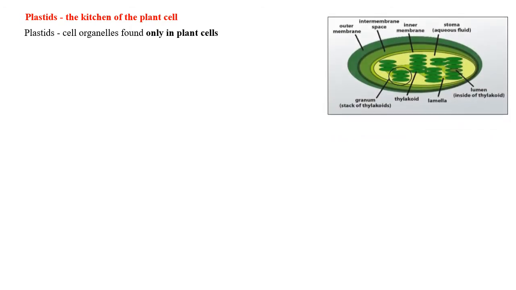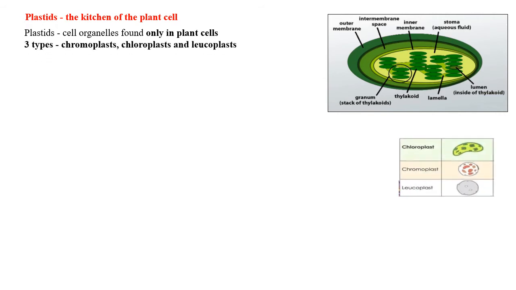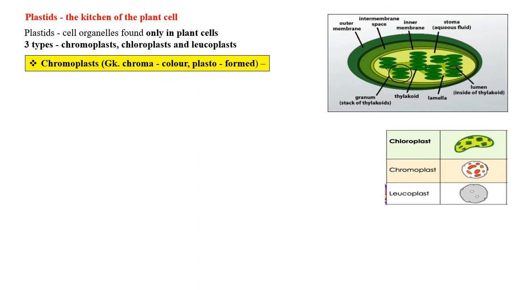Plastids, the kitchen of the plant cell. Plastids are cell organelles found only in plant cells. Depending on color, these are of three types: chromoplast, chloroplast, and leucoplast. Chromoplast, chroma, color, plasto, formed.